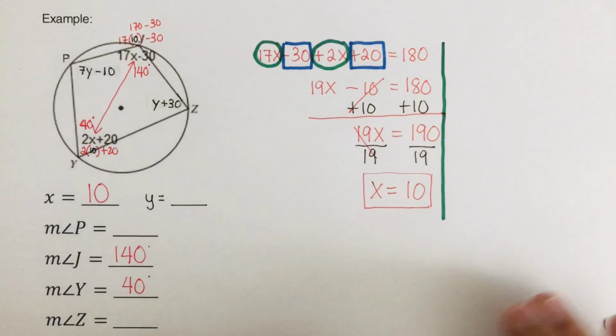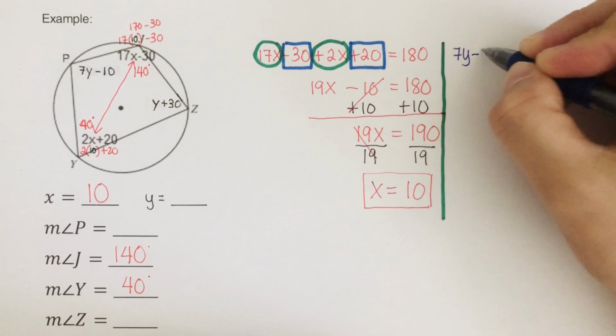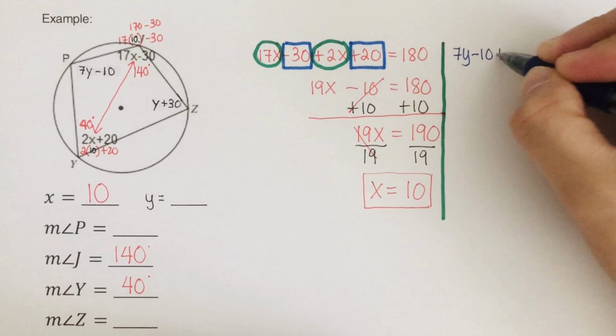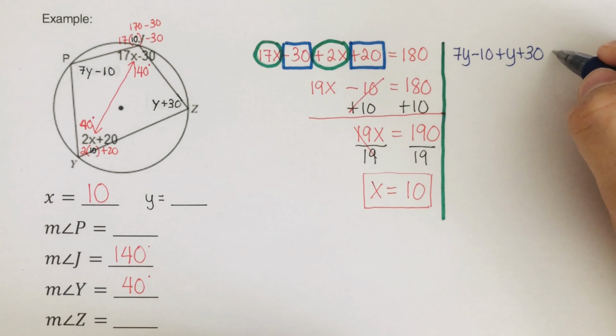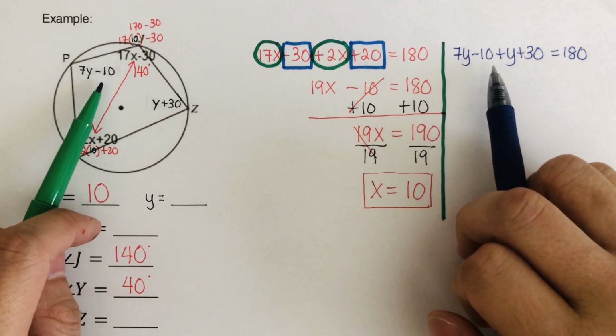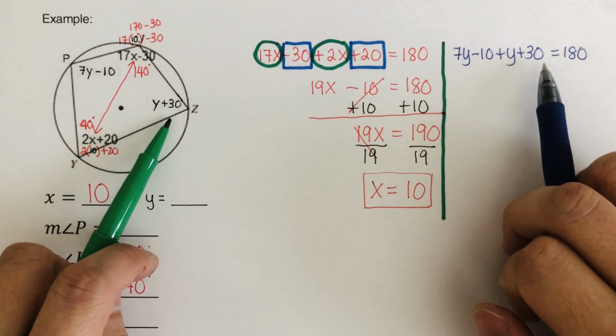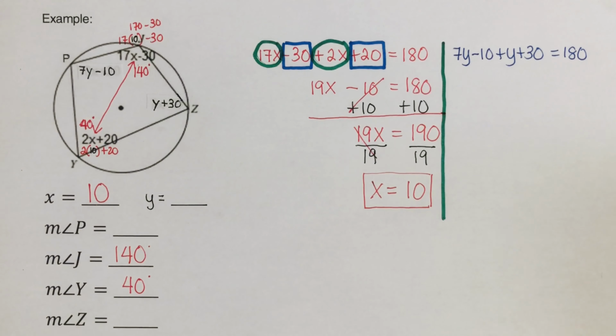So again, we add them up equals 180. So that would be 7y minus 10 plus y plus 30 equals 180. What I did was add 7y minus 10 plus y plus 30, since they are supplementary, equals 180. So then we are going to combine like terms.